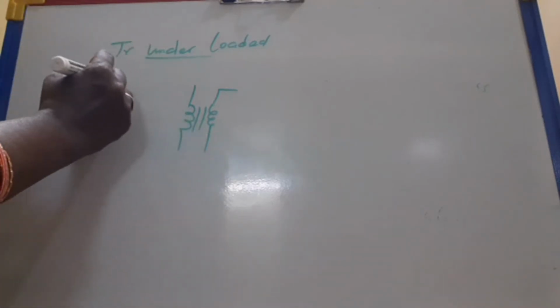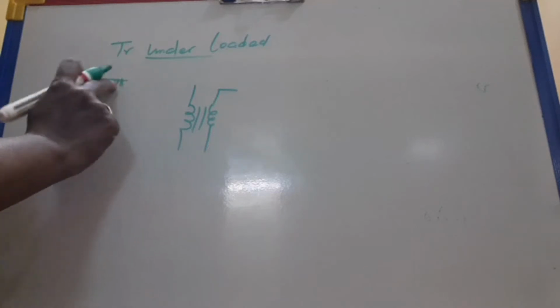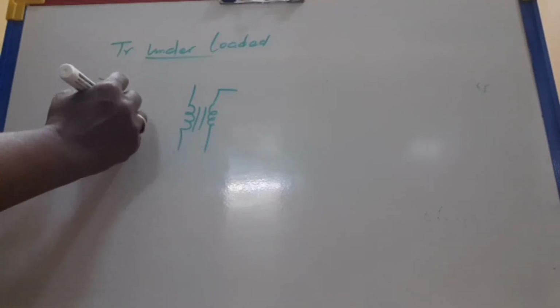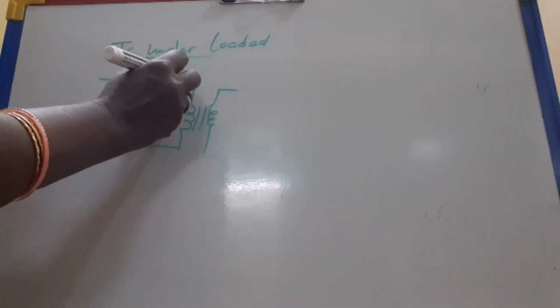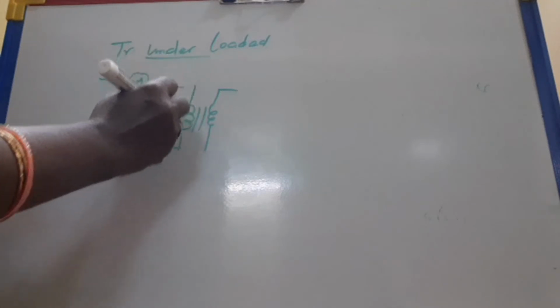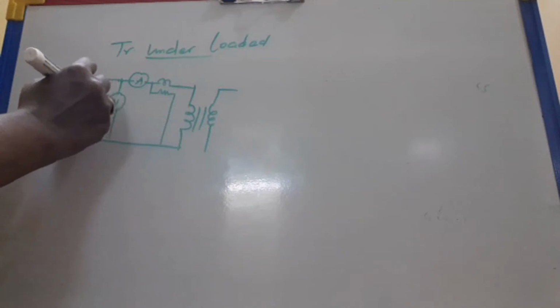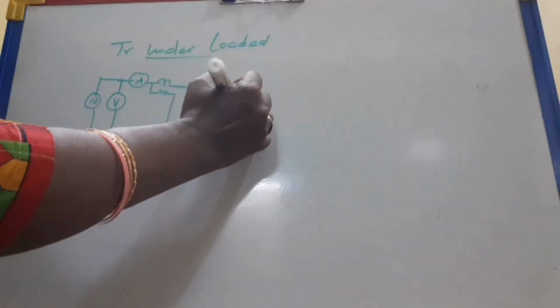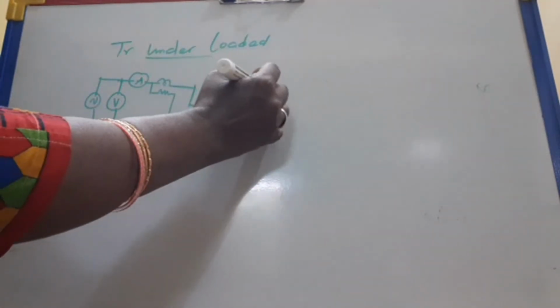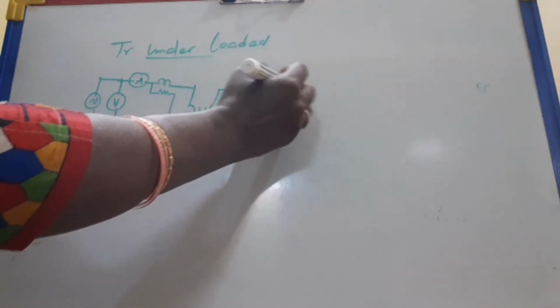We give the supply to the primary winding, and across it we connect the voltmeter, ammeter and wattmeter. The secondary winding has the same arrangement: ammeter, voltmeter and wattmeter.